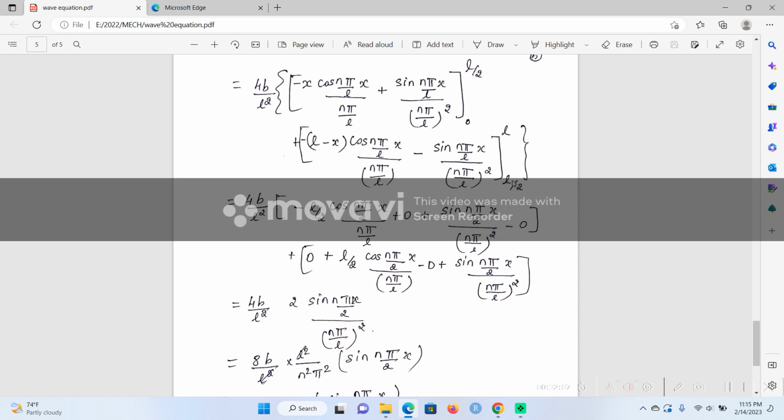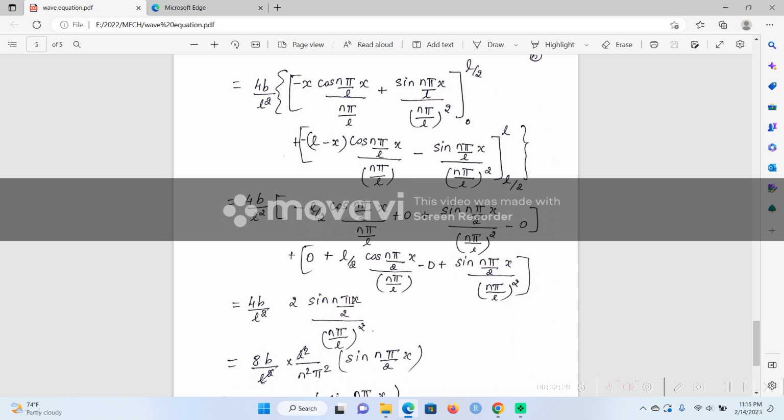When coming to the lower limit, already one minus is there, and the lower limit gives one minus, so minus into minus will be plus, so it is L by 2, and I substitute for x, so L getting cancelled, we have sin(n pi by 2) divided by this term.